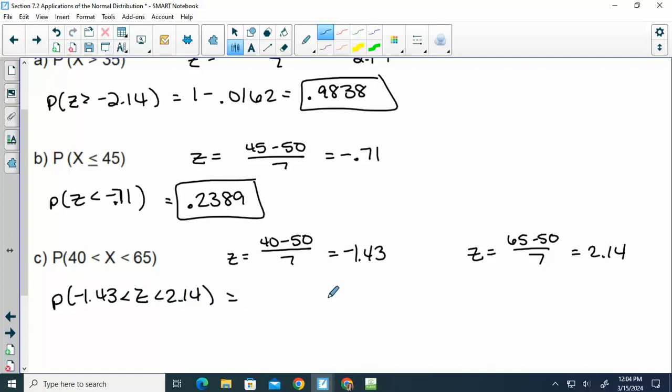We know our final answer has to be positive, so you look up the bigger probability first. So we start with the 2.14, and that probability is minus, and you look up the negative 1.43.